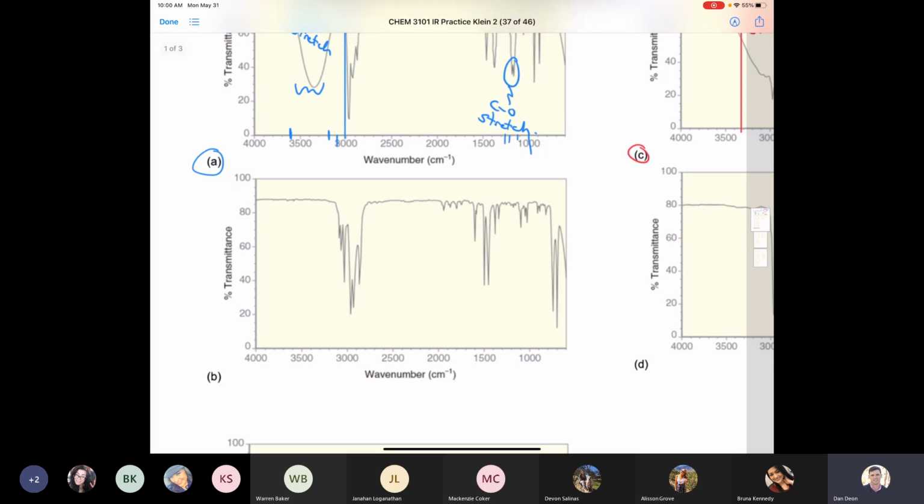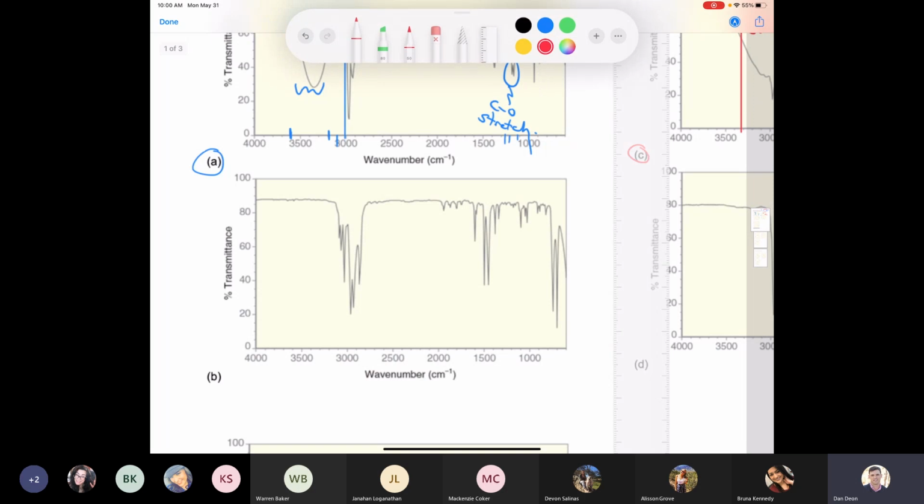You can do it the hard way or the easy way. You could start by putting the ruler over here at 3,000 and drawing a line, and saying, well, I don't really have anything above 3,000, so there's no oxygen-hydrogen stretch. And so the answer is neither for this one.